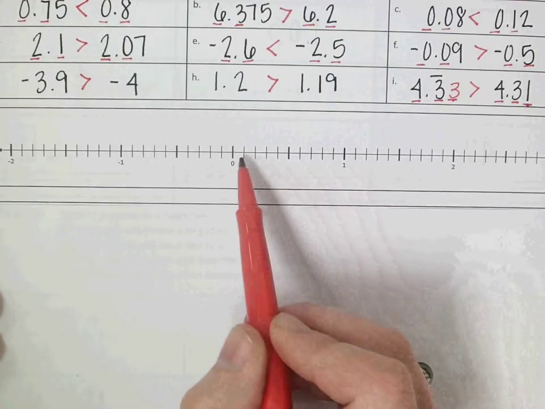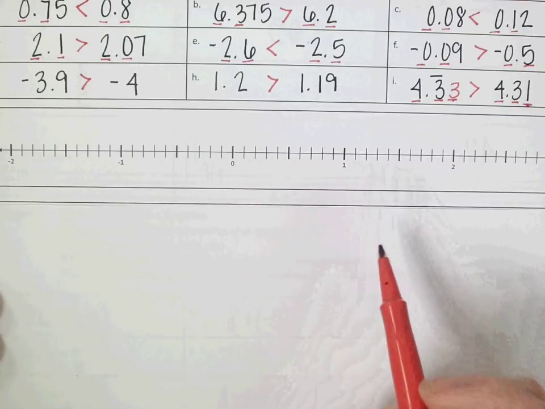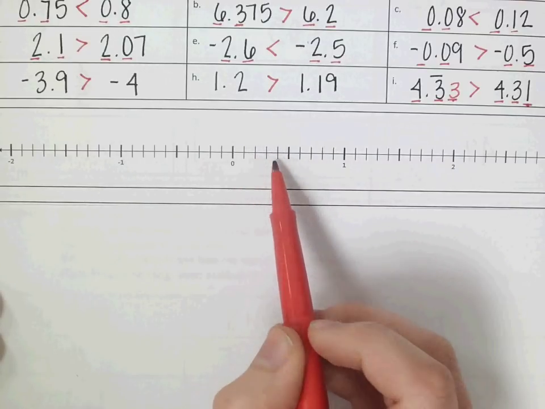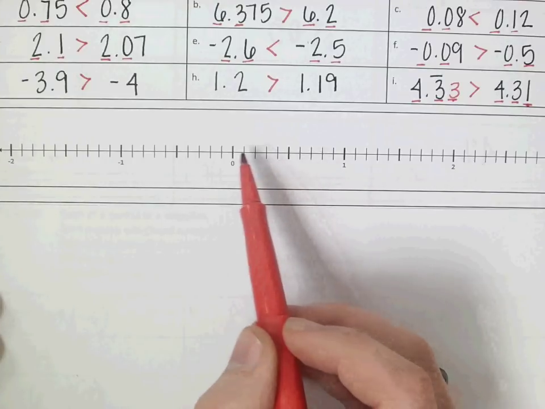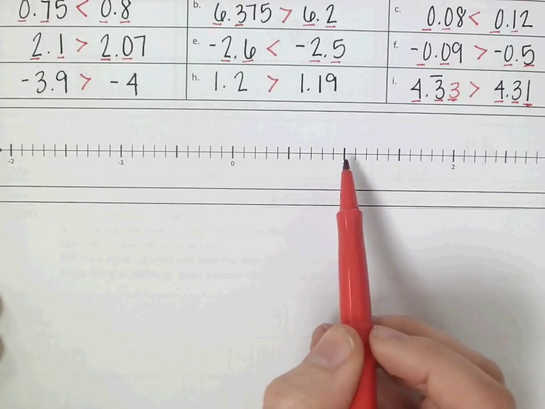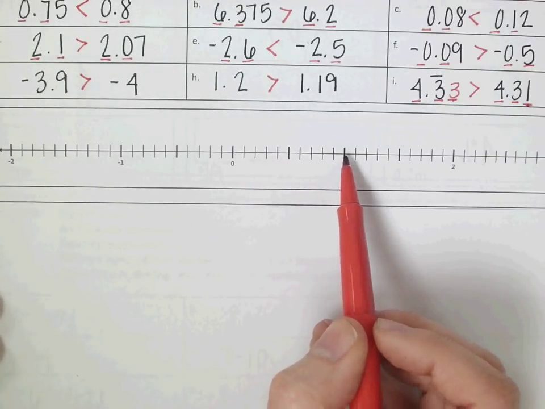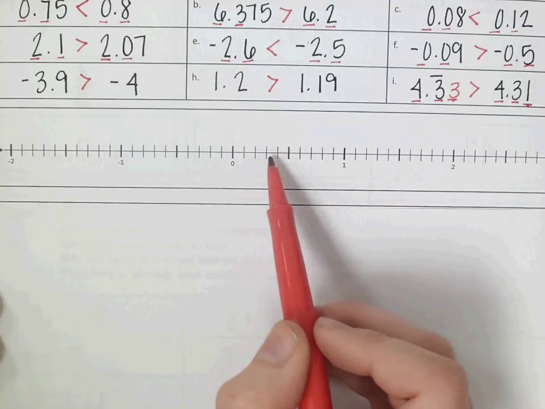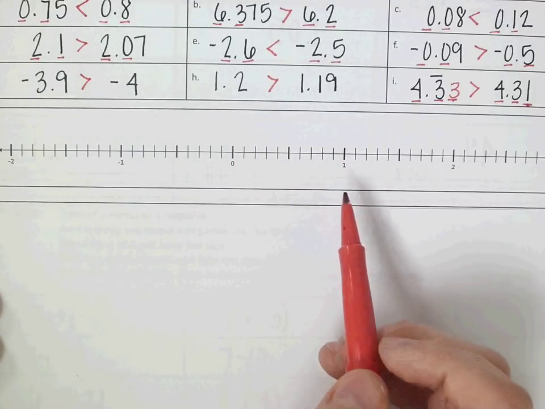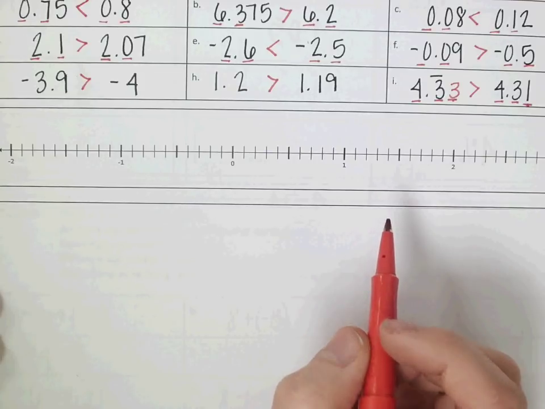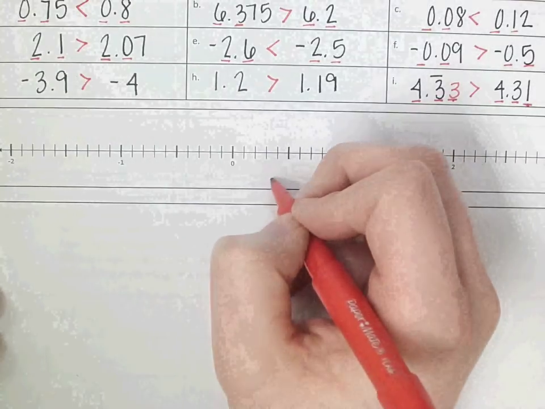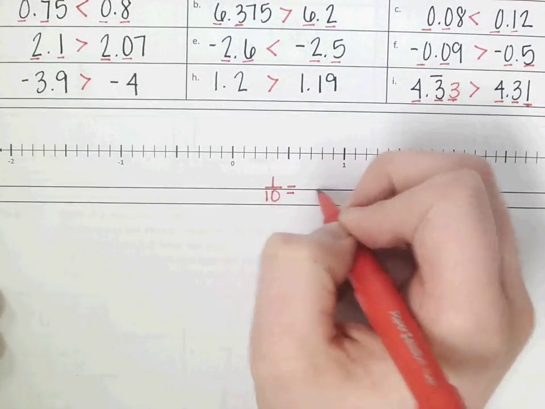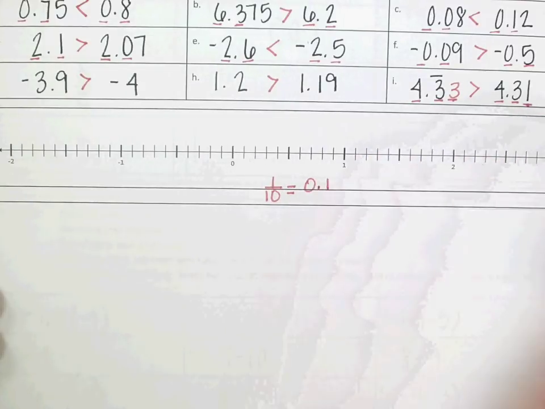So in order to figure out how much our number line is increasing by, we count the number of tick marks in between. And we have 10 tick marks in between 0 and 1. So that means that each tick mark is going to be worth 1/10, or we can write that as a decimal, 0.1, which is also read as 1/10.